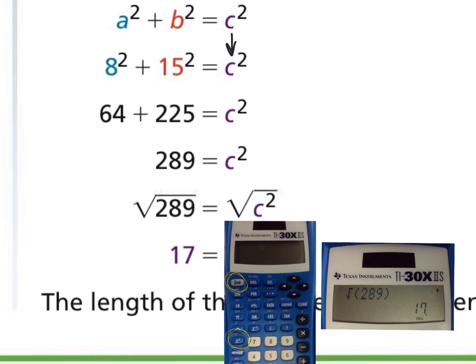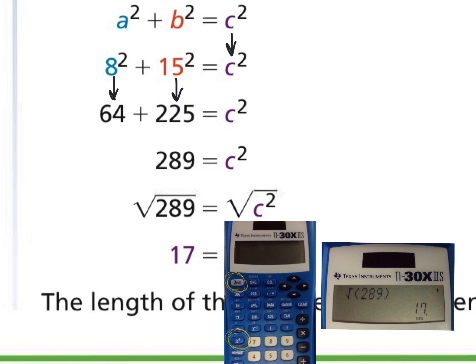Once we've got those substituted in, just like we did on the last problem, we're going to go ahead and square the things that we know. So 8 squared, 8 times 8, is 64. 15 squared, 15 times 15, is 225. We're going to be trying to figure out what c is equal to.